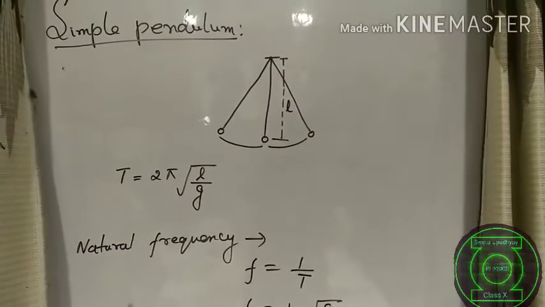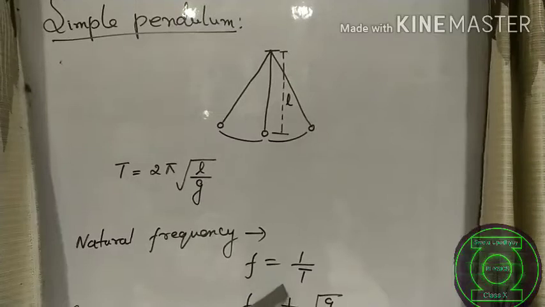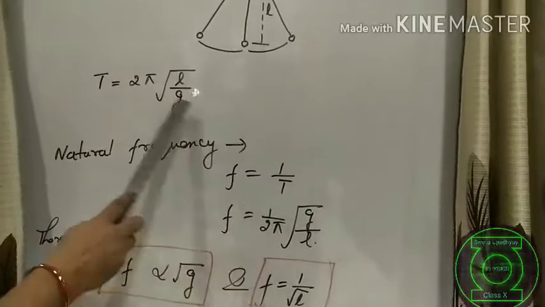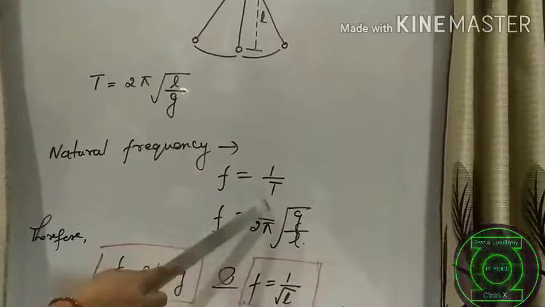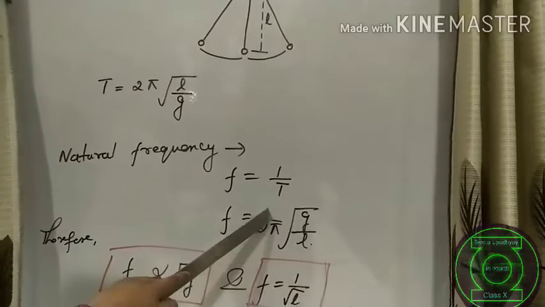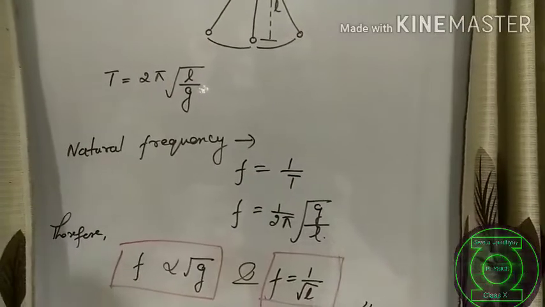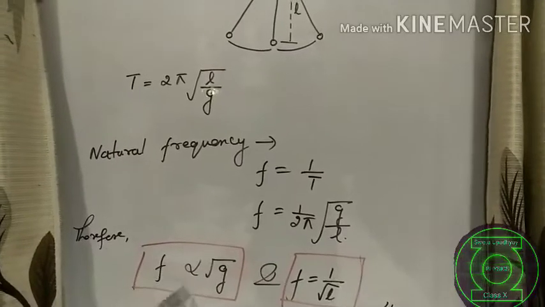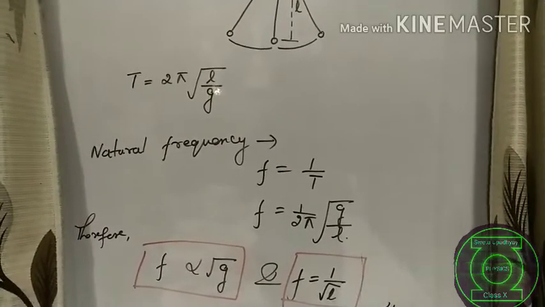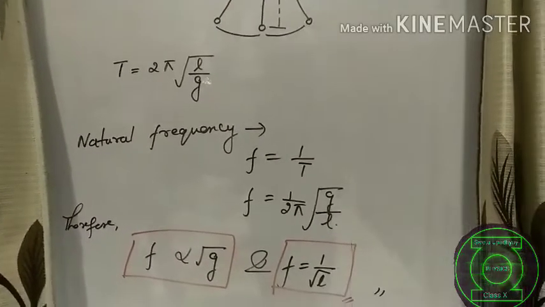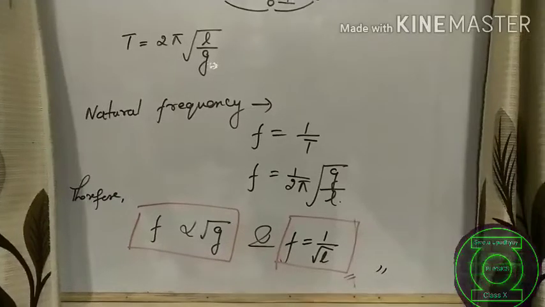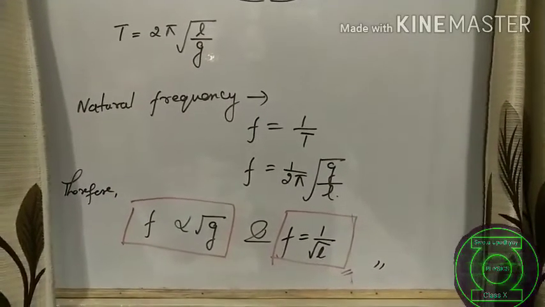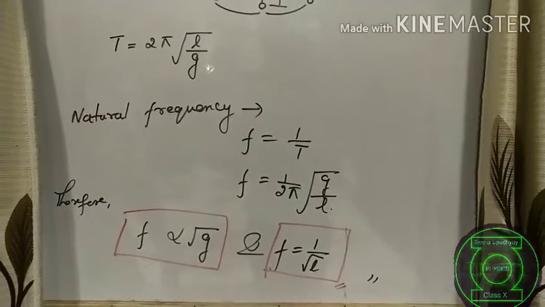We know that frequency is equal to 1 by T. Hence when we substitute the value of T, the time period, in this formula, we get the relation f equals 1 by 2 pi under root g by L. That means our natural frequency is directly proportional to the square root of g and inversely proportional to the square root of L. Hence when the length of the pendulum varies, the frequency also varies.